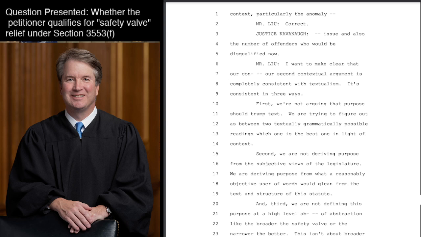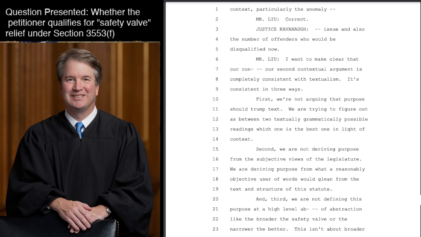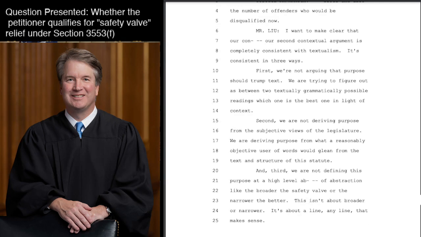First, we're not arguing that purpose should trump text. We are trying to figure out, as between two textually, grammatically possible readings, which one is the best one in light of context. Second, we are not deriving purpose from the subjective views of the legislature. We are deriving purpose from what a reasonably objective user of words would glean from the text and structure of this statute. And third, we are not defining this purpose at a high level of abstraction, like the broader the safety valve or the narrower the better.